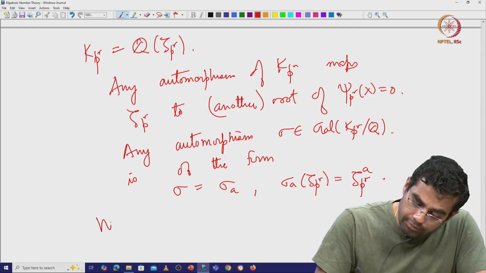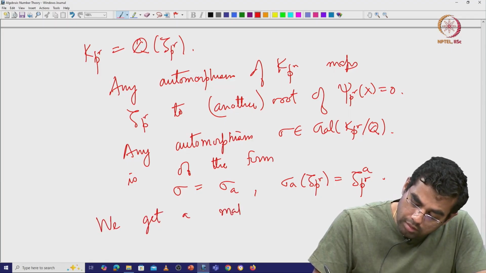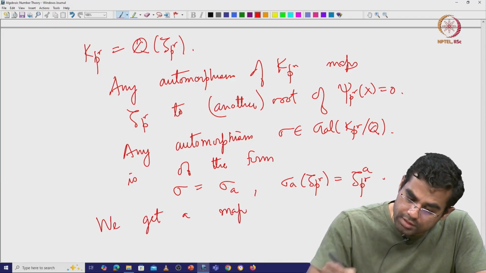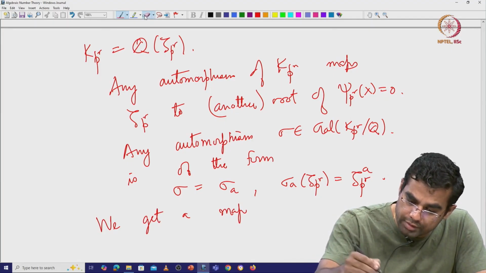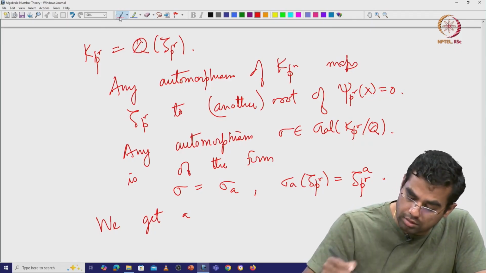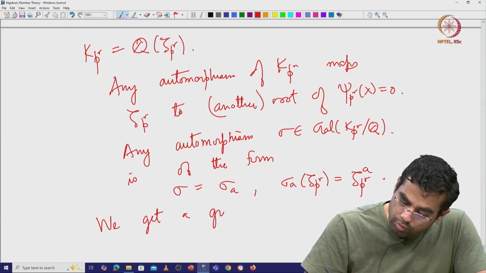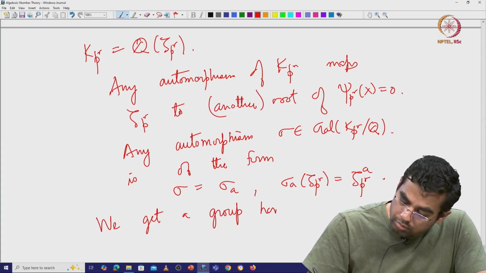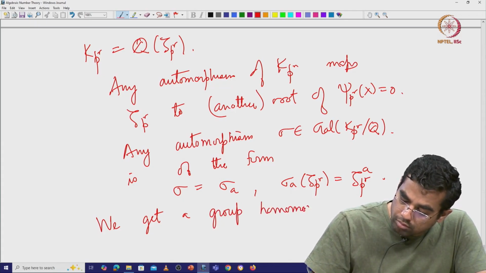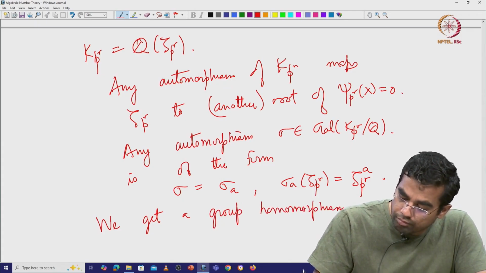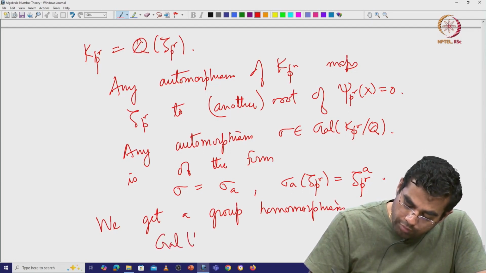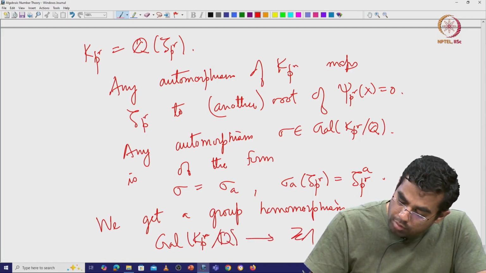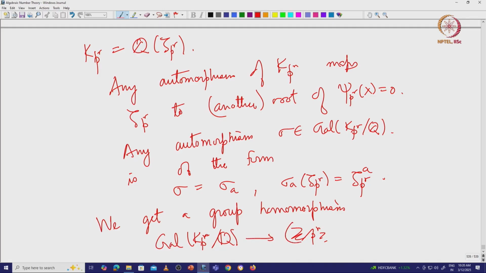And so, we get a group homomorphism from the Galois group of K p to the r over Q into (Z mod p to the r Z) cross.